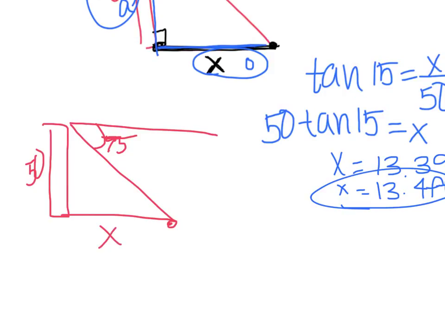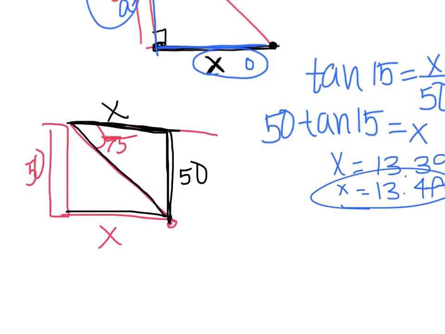So what some people see is if they draw this length here, this is also going to be 50, and they can connect this side with this side because it's a rectangle and make it x. So they're using this triangle here to do tangent of 75 equals 50 over x. You're going to get the same answer of 13.4, but it just depends on what triangle you're using to find your side length. So whatever you want to use, it's up to you.